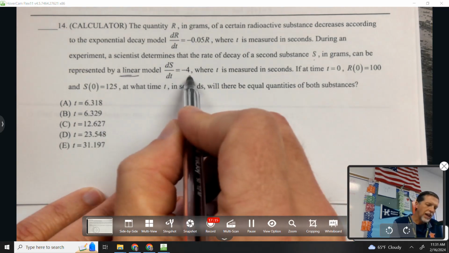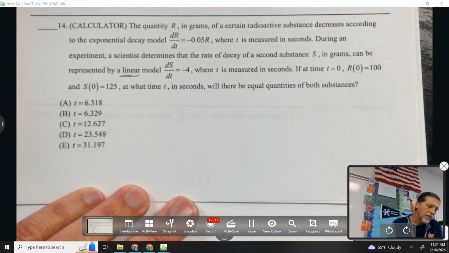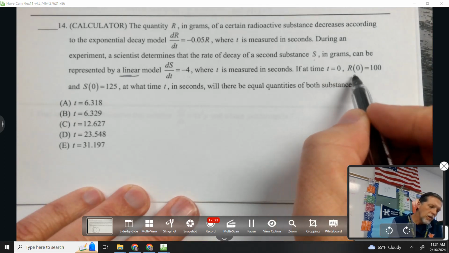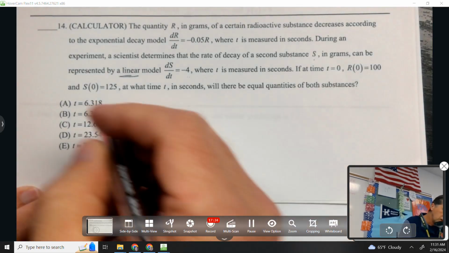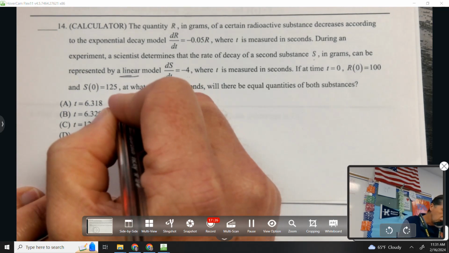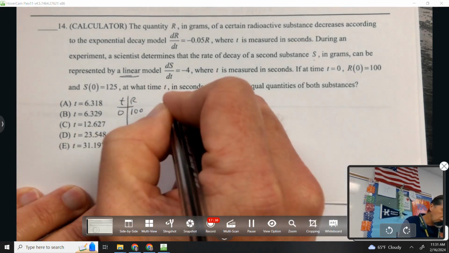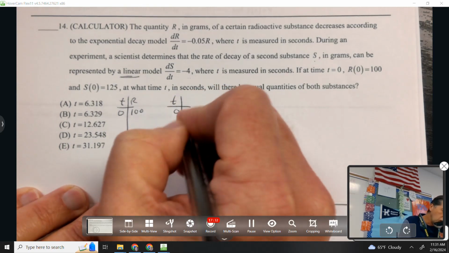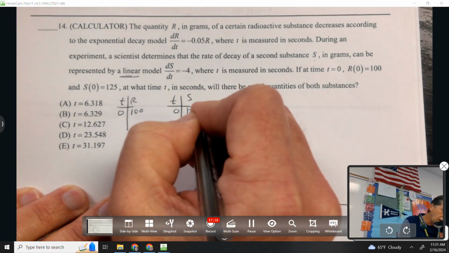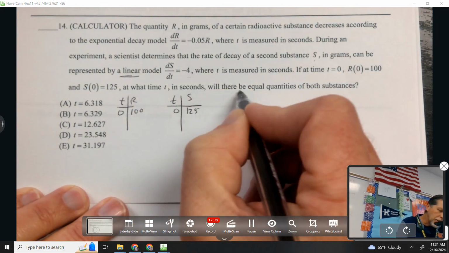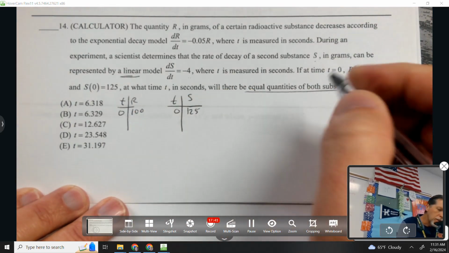Linear, so decay is, the slope is constant. If at time 0, R of 0 equals 100, t is 0, R is 100. When t is 0, S is 125. At what time will there be equal quantities of both substances?